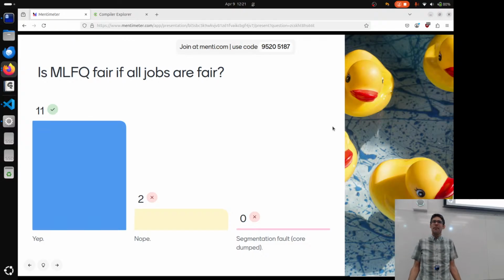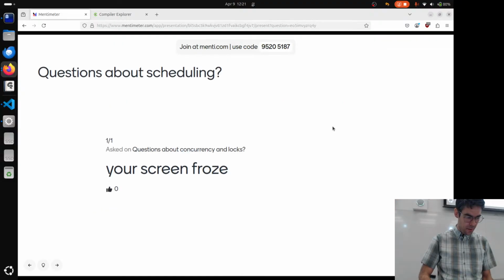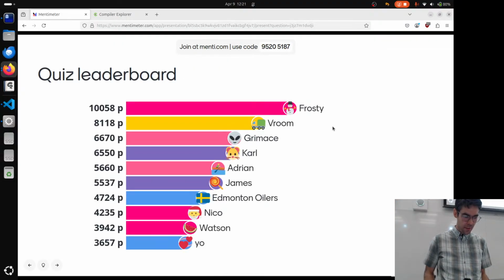MLFQ is round robin, and if we're using round robin and we have preemption, then effectively MLFQ becomes fair. So I'm going to skip to our leaderboard here, and I'm assuming that Frosty has stayed at the top.